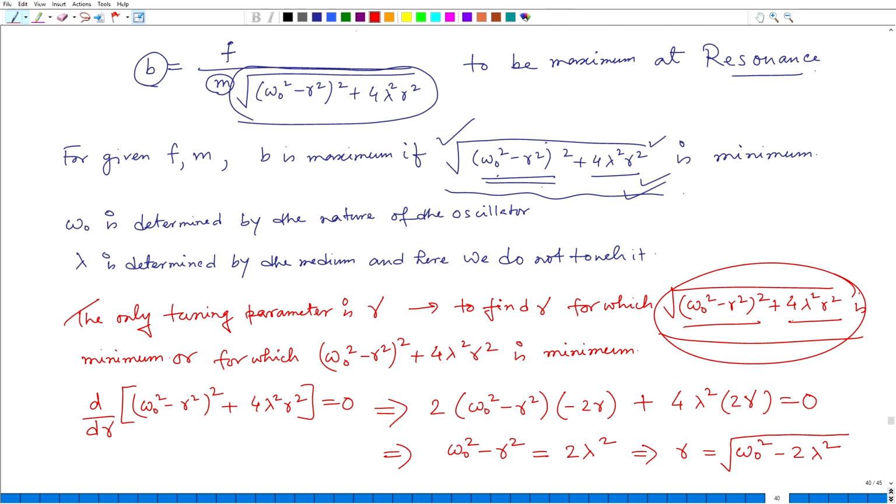Now, you see, according to our new understanding of resonance, this will be the resonance condition.